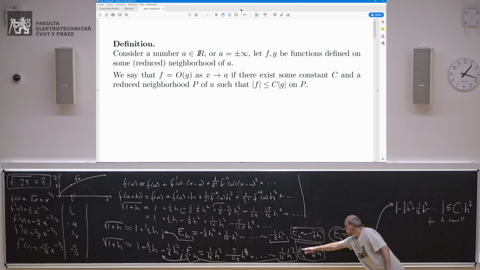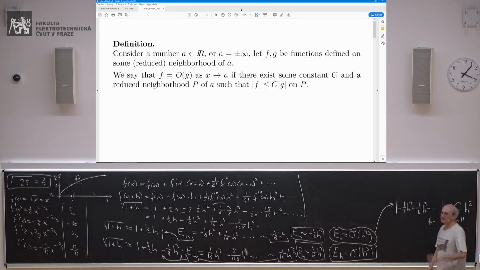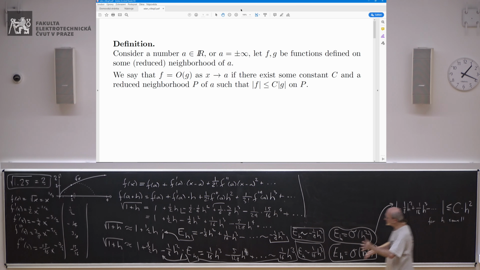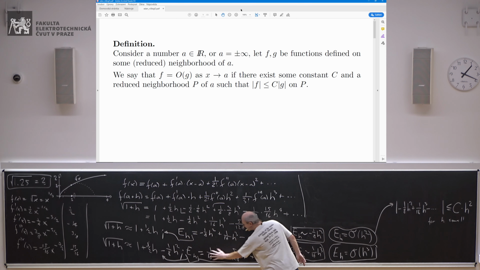Similarly, for the second approximation, I can write that E(h) is capital O of h cubed. And that's exactly the information I want to see when I'm choosing which method is better for me. This one is better because it has a higher power here. Notice how it goes. First, I determine a precise form of my error.